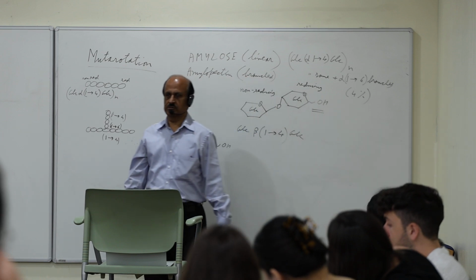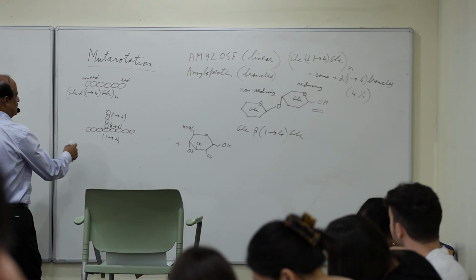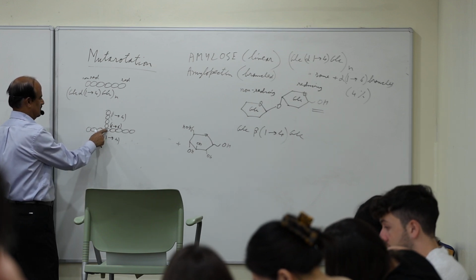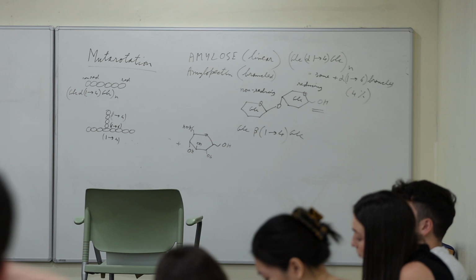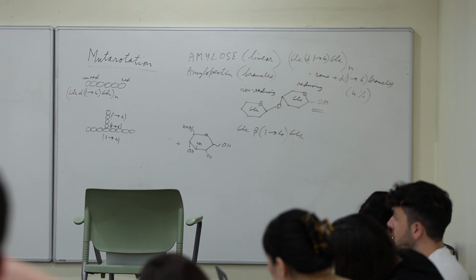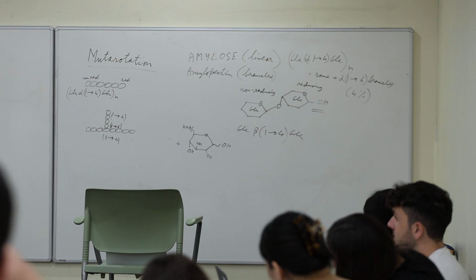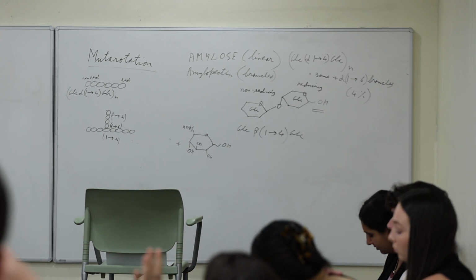That means 4% of the sugars will have 2 glycosidic bonds. Like this sugar has 2 glycosidic bonds. So 4% means 1 in 25. So approximately, sugars don't have a fixed molecular weight or fixed formula. So it's an average number, 1 in 25. It can be 26 or 28 or 30.